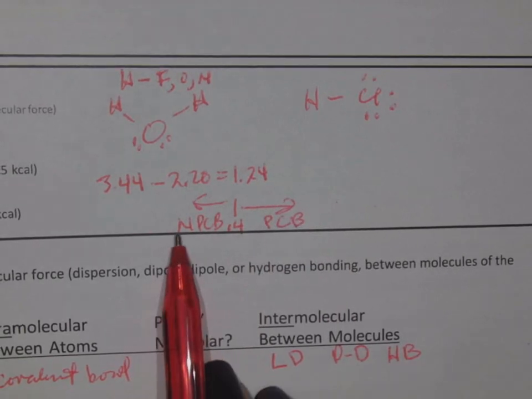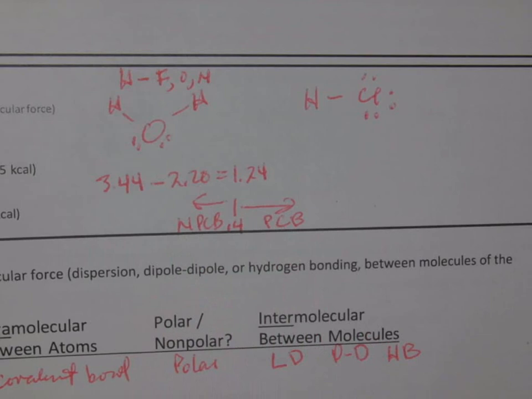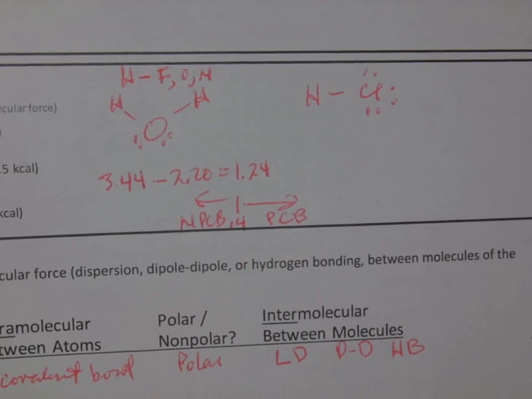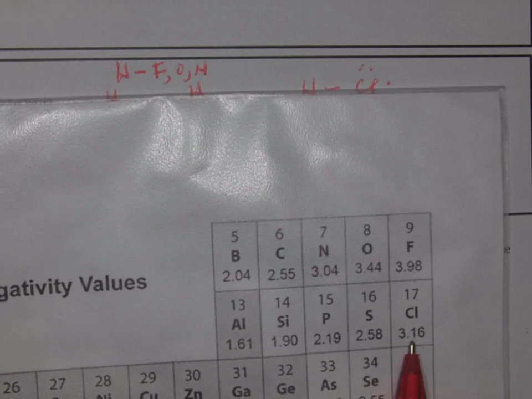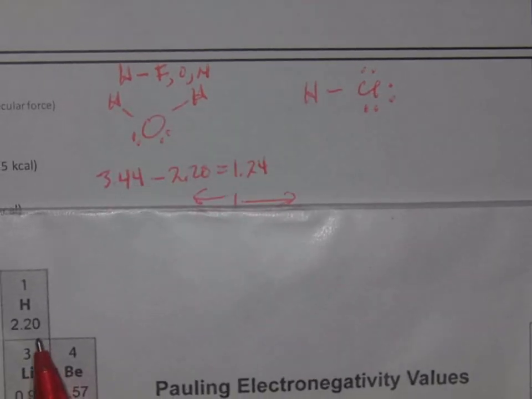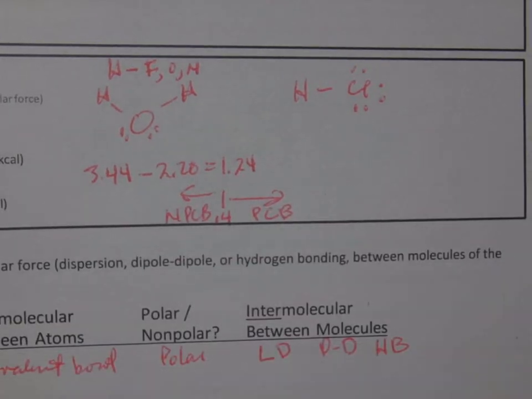So then we can check to see if it's non-polar covalent or polar covalent with our electronegativities. The other thing you can notice is chlorine has big electronegativity and hydrogen has small electronegativity. Chlorine is 3.16 and hydrogen's 2.20. So 3.16 minus 2.2 is 0.96, that difference.